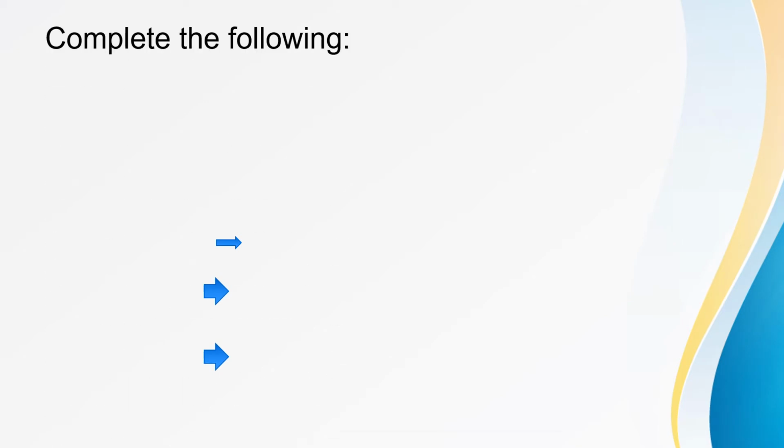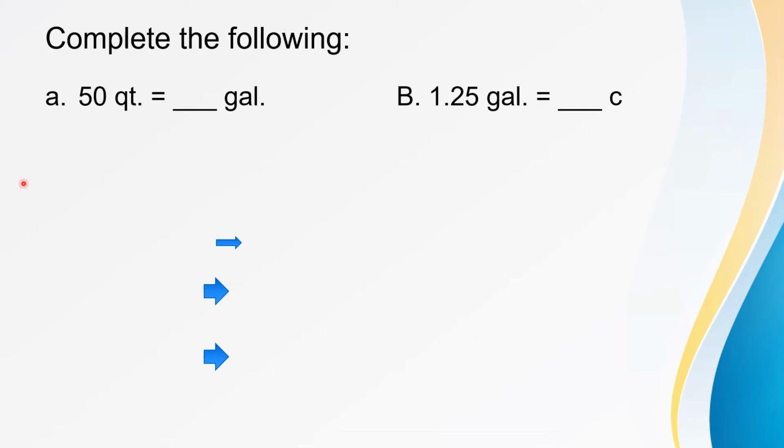Example, complete the following. Letter A, we have 50 quarts equals how many gallons? And letter B, 1.25 gallons equals how many cups?